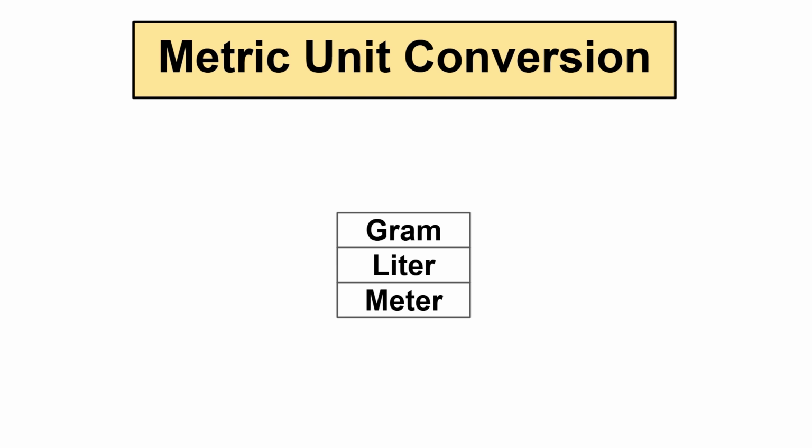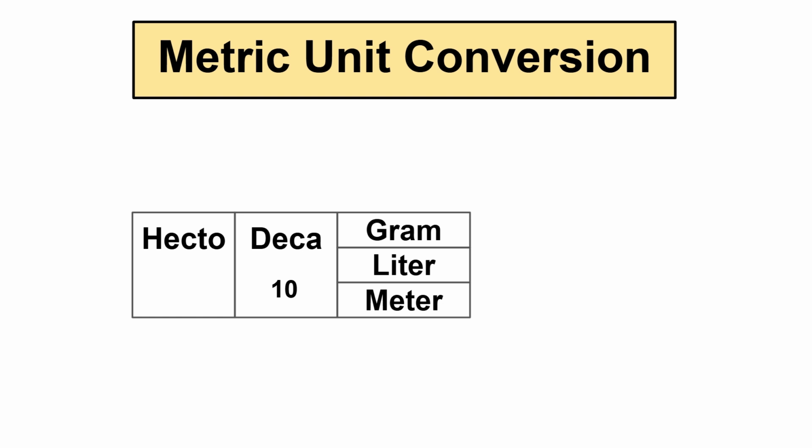Now, in the metric system, we use prefixes to adjust these units to indicate larger or smaller amounts. For example, the prefix deca means 10, indicating 10 units. The prefix hecto means 100, so that's 100 units. The prefix kilo means 1,000, so that's 1,000 units.